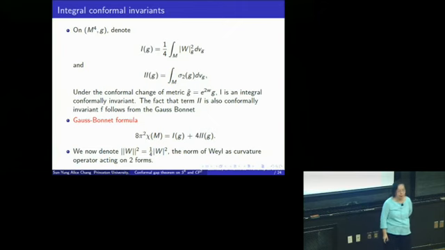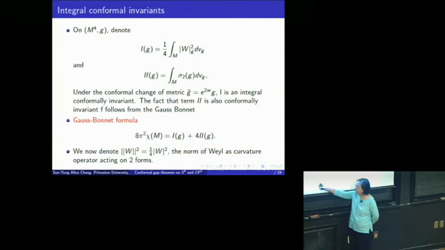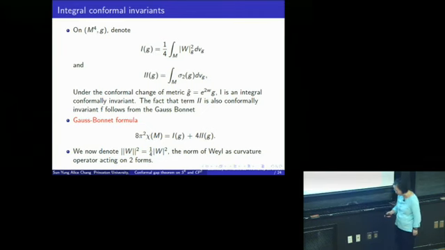When I use this Weyl norm, it is a tensor norm on (0,4) tensors, but this double norm turns out to be the norm as the endomorphism from two-forms to two-forms. So this is the endomorphism norm.